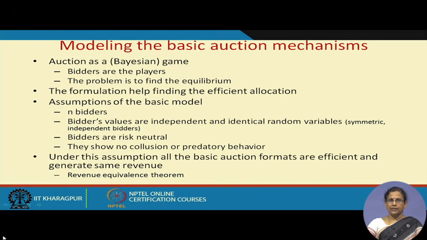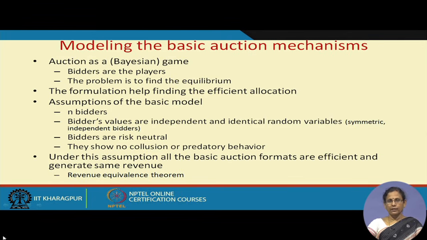They are symmetric and they independently draw their valuation. Bidders are risk neutral. In fact, about risk neutrality we did not discuss. When it considers the bidding behavior, a bidder can be risk neutral or risk averse or risk lover. In case of risk averse, in case there is more risk, he would not like the situation.